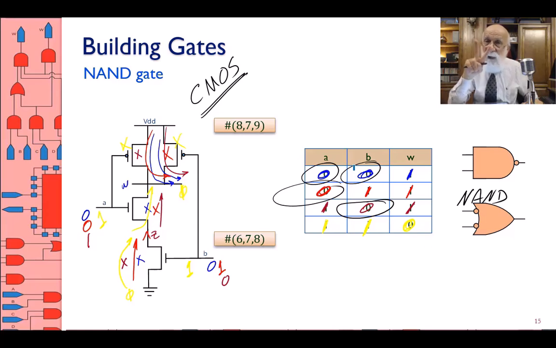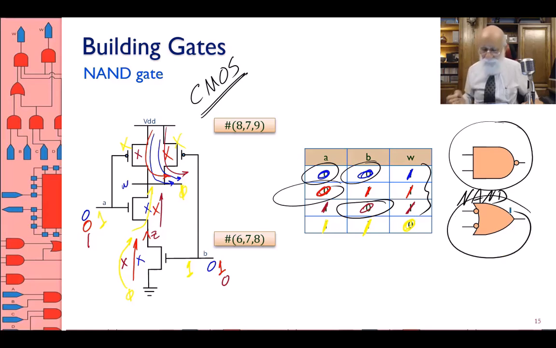Okay? I'm reading this gate in two different ways. The first way, which is if A is 1 and B is 1, the output is 0, is this symbol over here, which is an AND symbol. The second way I'm reading that same exact table, I'm reading the ones. I'm saying if A is 0 or B is 0, the output is 1, and therefore I don't put a bubble on the output, I put bubbles on the input.